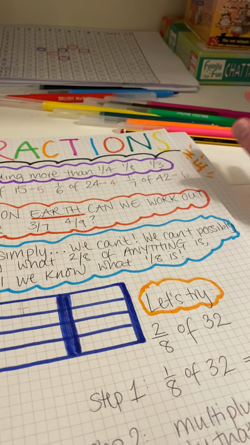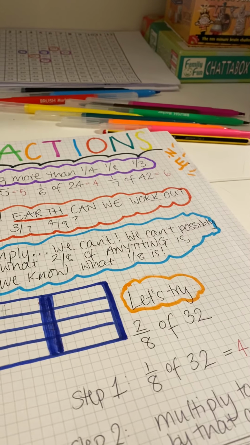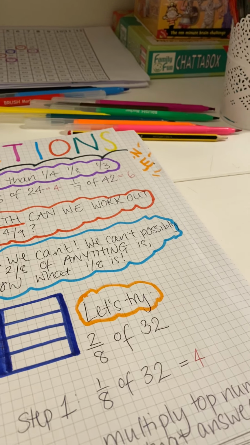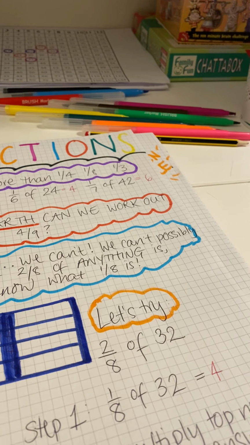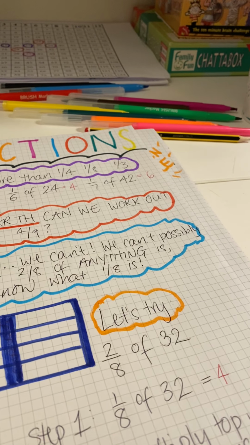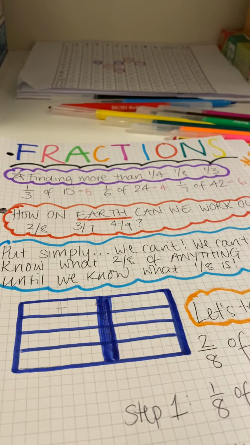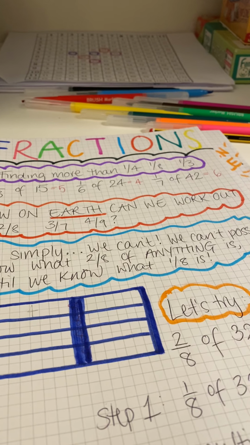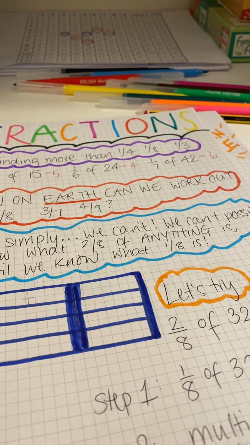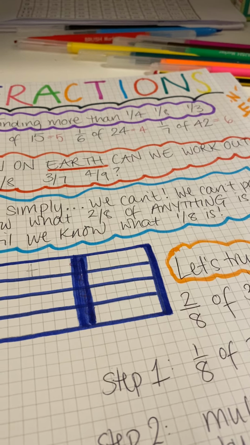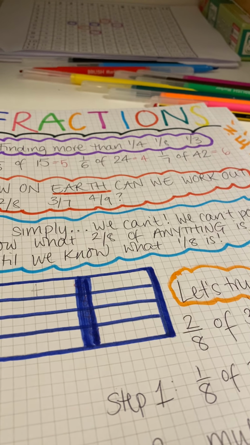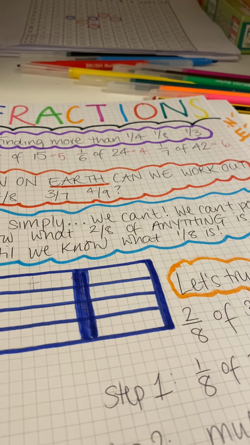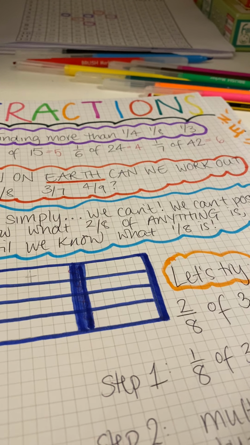So what have we done already? We have looked at what a fraction is, identifying numerators and denominators, finding a fraction of an amount, simplifying fractions, making them easier for us to understand, and adding and subtracting fractions with the same denominator. I'm conscious that you do them with different denominators as well, but I think I might hold off on that and make a separate video, so we don't overcomplicate things just now.